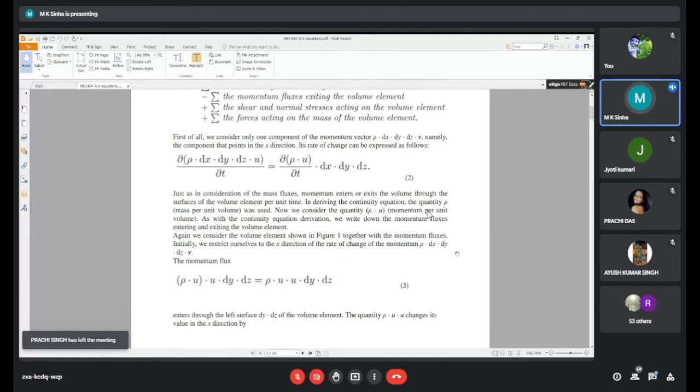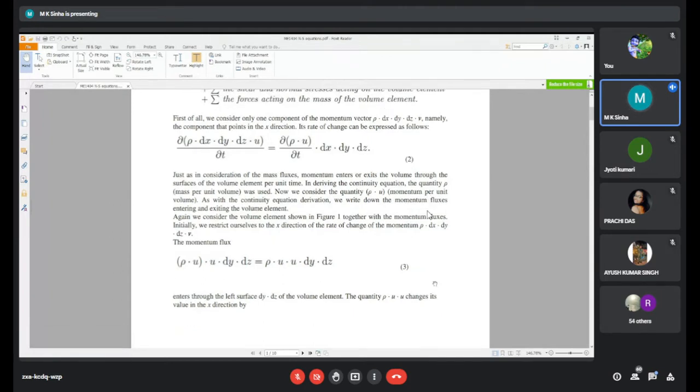The continuity equation we have already discussed. Now we consider the quantity rho into u, the momentum per unit volume. As with continuity, we write down the momentum fluxes entering and exiting the volume. Initially we restrict ourselves to the x-direction rate of change of momentum.